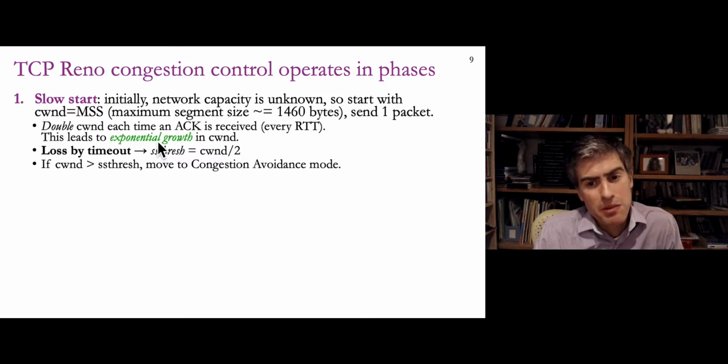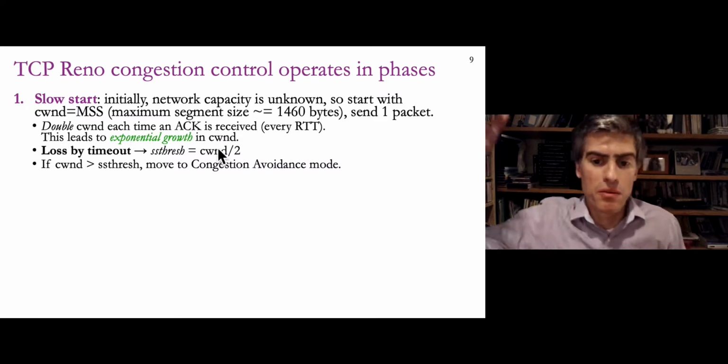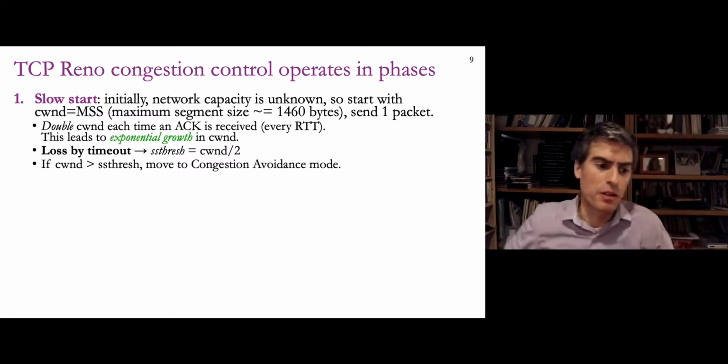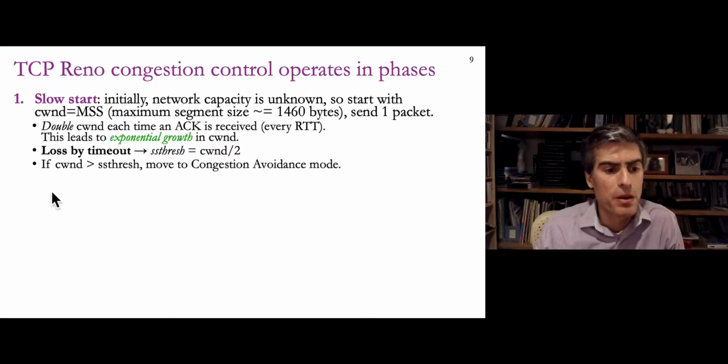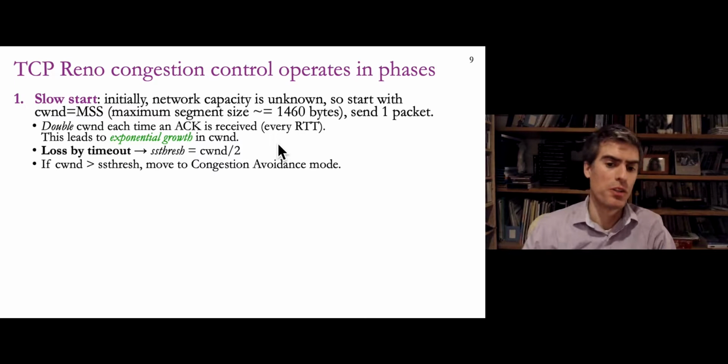Okay, so at first this will be pretty slow, but at first you really have no idea how fast it is. It could be that the connection really is pretty slow. Even though you're starting at 1, because you're doubling every time, you can get to a large number pretty quickly. But eventually you get a packet loss by observing a timeout. In other words, you don't get an acknowledgement within the time that you expect to.